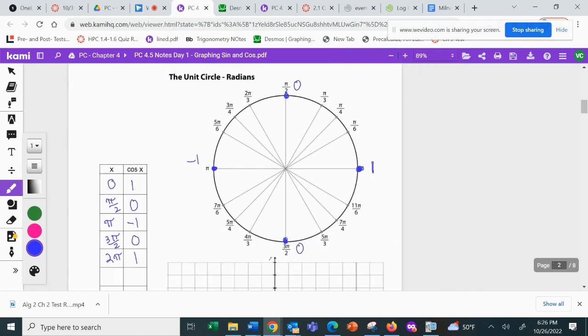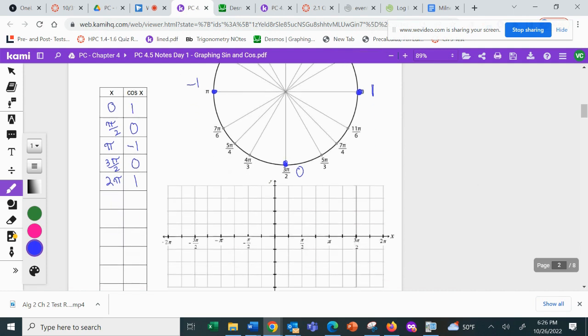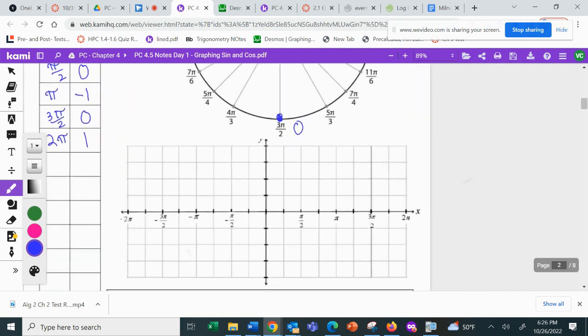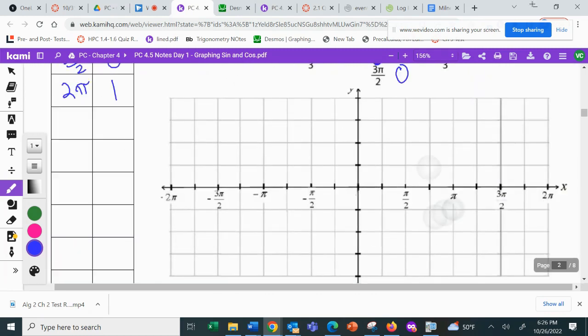So cosine and sine use the exact same key points. They just start at a different one. Not a different x, but a different y value. So let me graph cosine. We're going to go ahead and make this 1 and -1 here. Cosine is going to start at 0, 1.